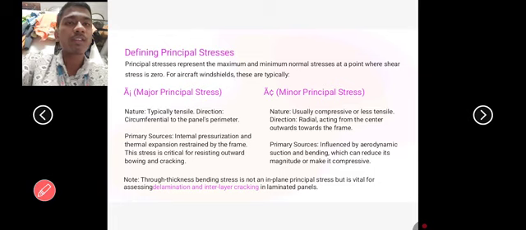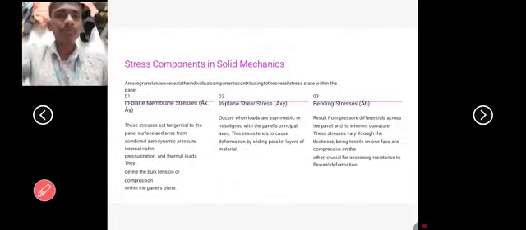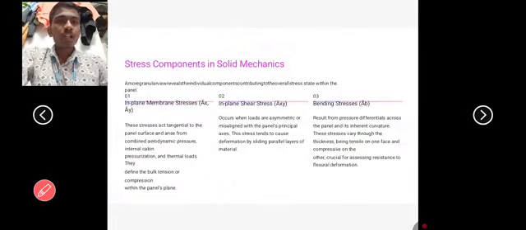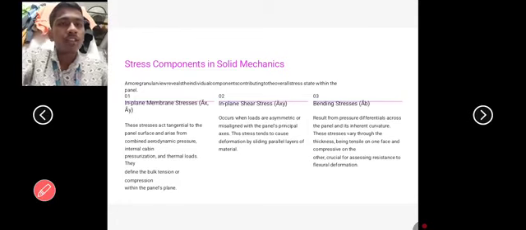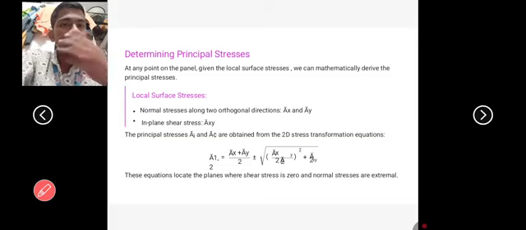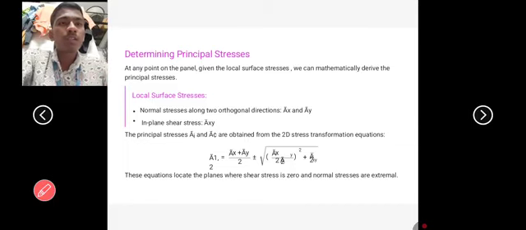Now, stress components in solid mechanics. Determining principal stresses: at any point on the panel, given the local surface stresses, we can mathematically derive the principal stresses.